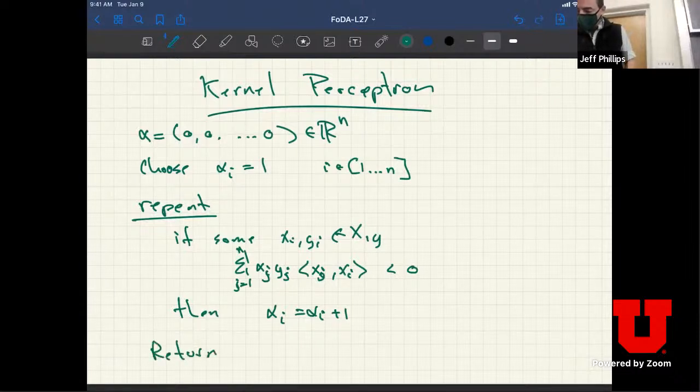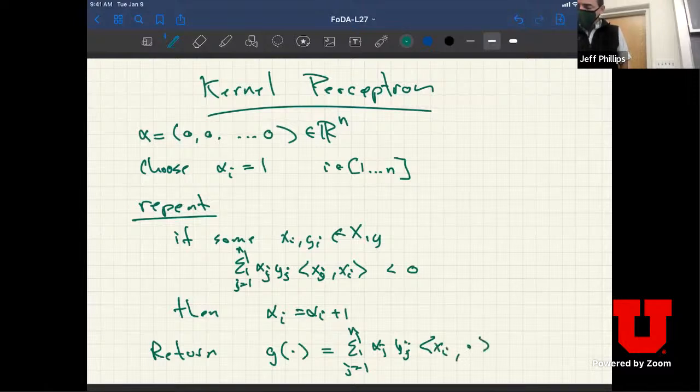And then I return a function which is going to be g of something, which is the sum j equals 1 to n of alpha_j, y_j, inner product x_j, dot. That's where I evaluate. So now this is my function.